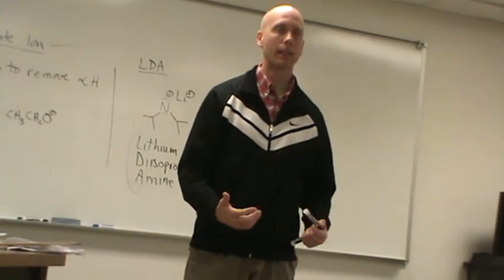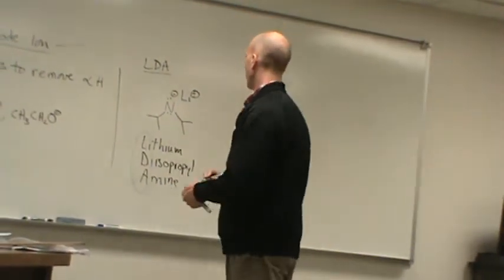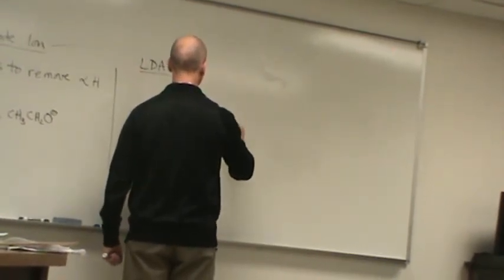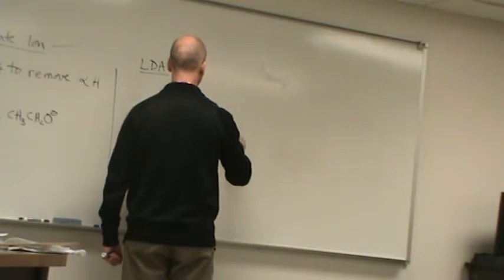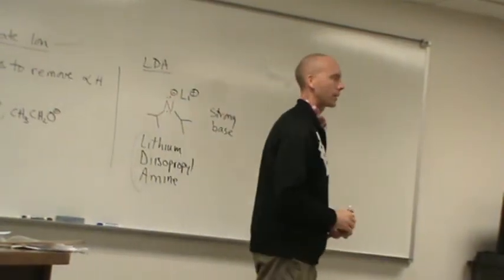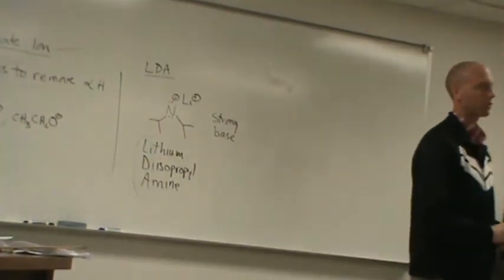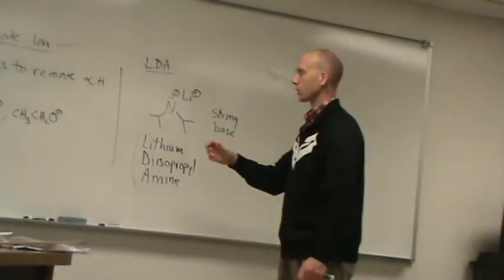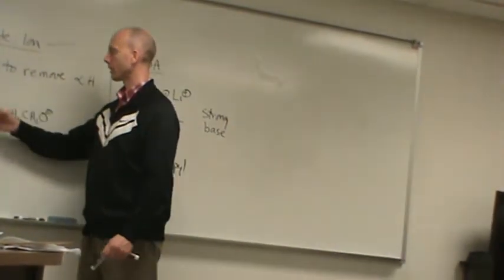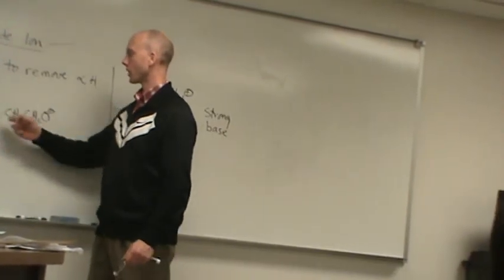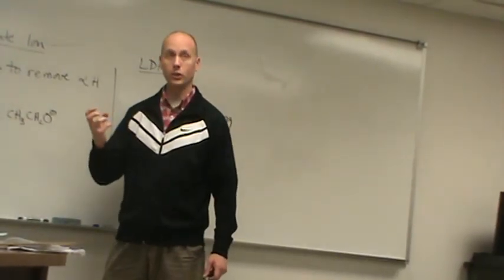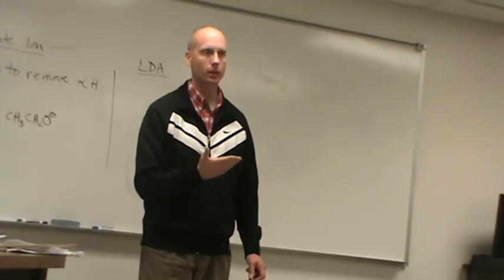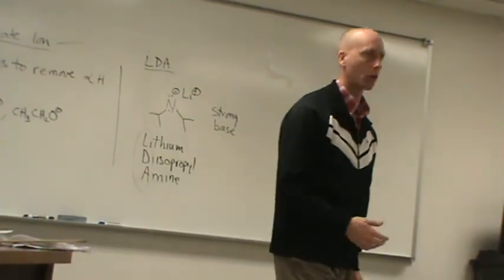It wants to get rid of that negative charge. So this thing here is a pretty strong base, because of that negative charge on nitrogen. So it's even stronger than these. These are negative charges on oxygen, which are decent bases. Put a negative charge on nitrogen, which is less electronegative, even stronger base.